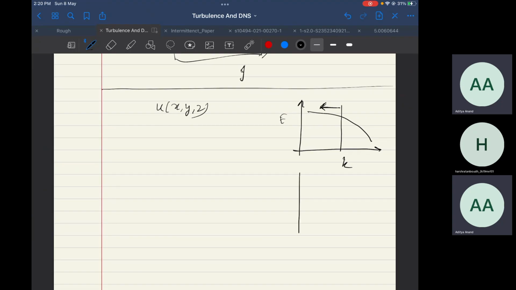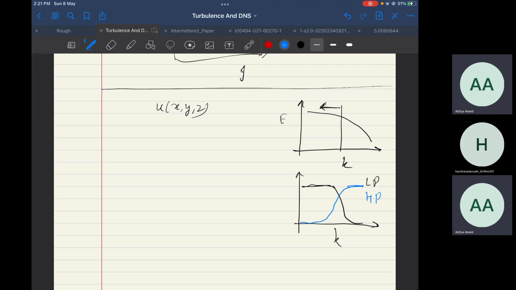Okay, so let me draw what a gain function for a low pass filter would look like. It will look something like this. It will allow all the low wave numbers, and it will filter out the higher wave numbers. However, for a high pass, it will look like this.